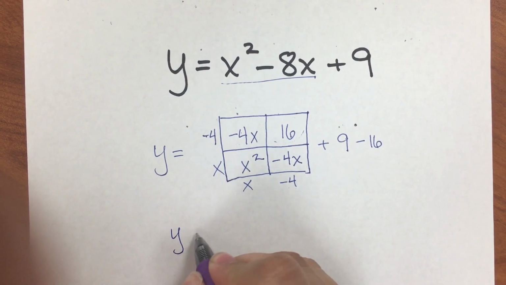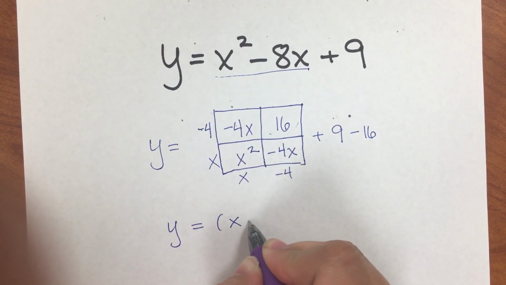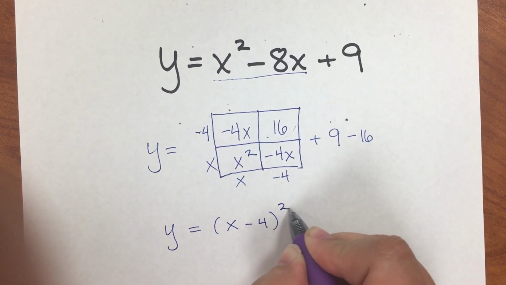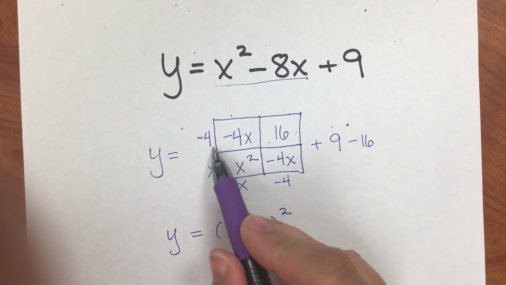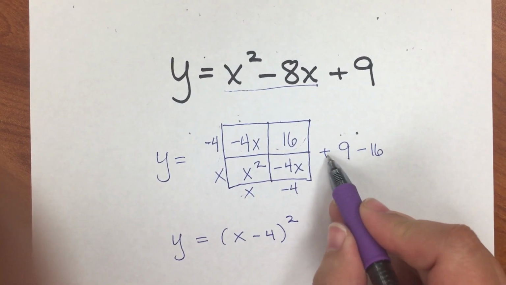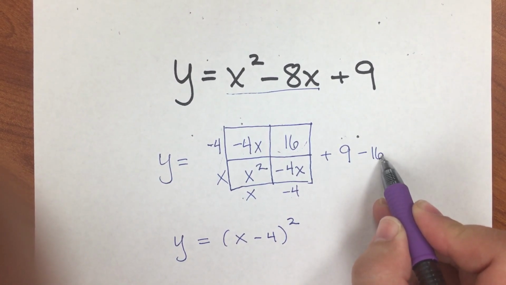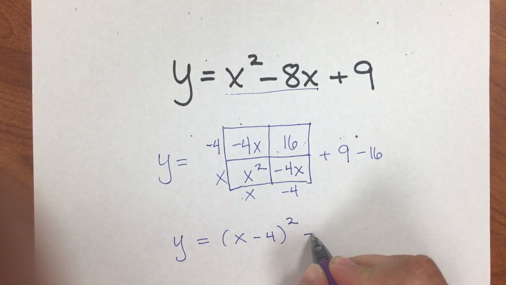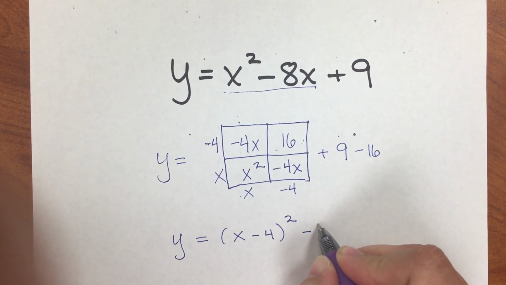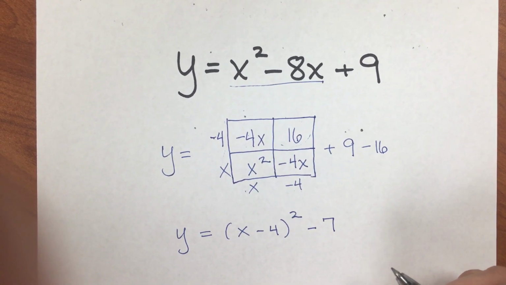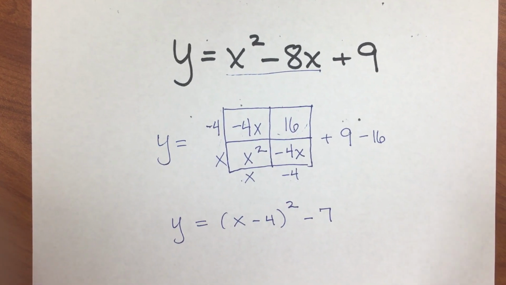Now I can rewrite my equation. Y equals x minus 4 squared, since my length and my width are identical, that's what makes it a square. And then plus 9 minus 16 gives me minus 7. And there is my equation written in vertex form.